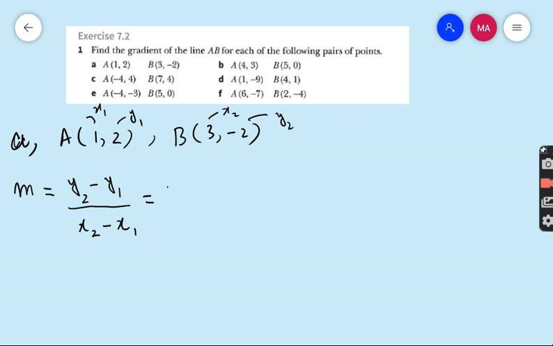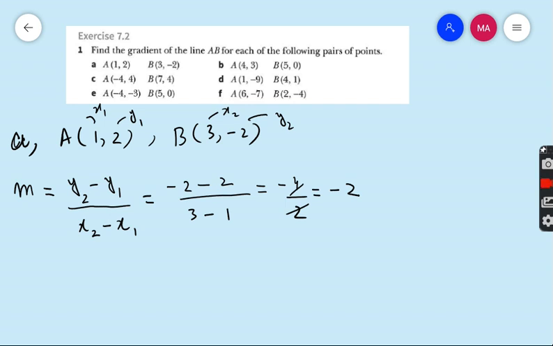So y2 is minus 2 minus y1 which is 2, upon x2 which is 3 minus x1 which is 1. Minus 2 minus 2 is minus 4, 3 minus 1 is 2, and 2 2s are 4. So the answer is minus 2. So part A answer is minus 2.